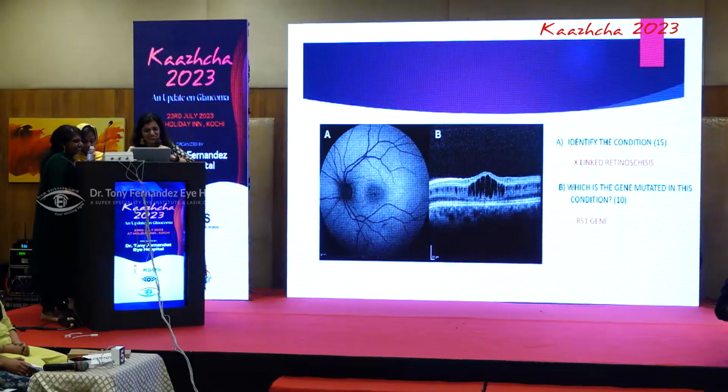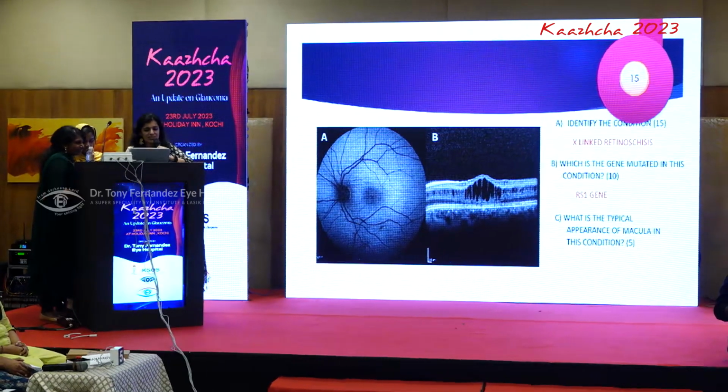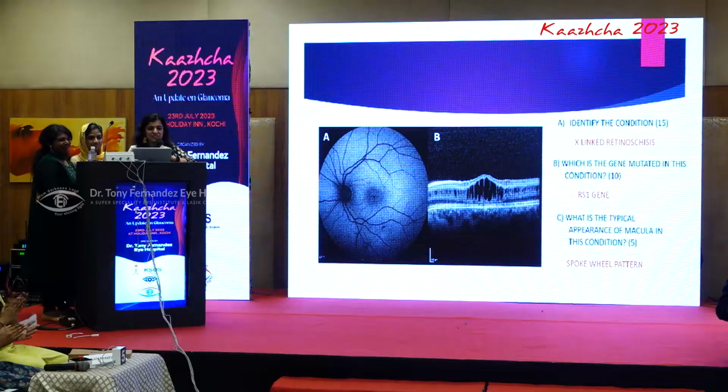RS1 gene. Its name is retinoschisin, madam. Okay, I'll give that 10. What is the typical appearance of macula in this condition? Cartwheel or spoke wheel appearance. So they get 15 plus 10, 25 plus 5, 30 marks.